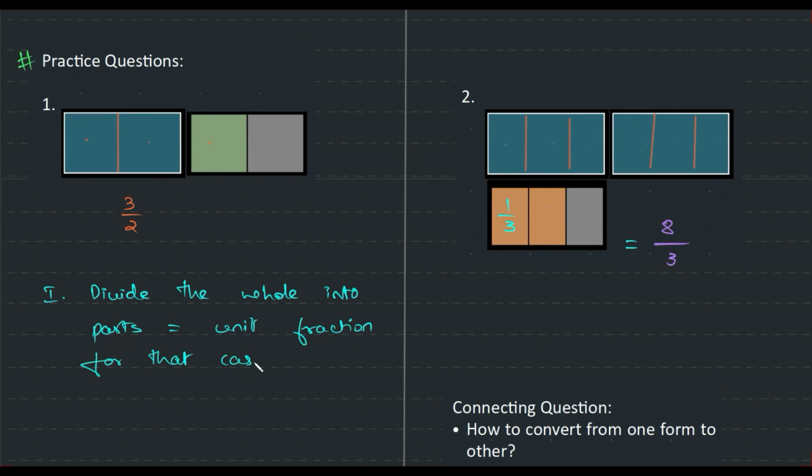So that's what we are looking at. We have 1 by 2, 1 by 2 and 1 by 2. There are 3 of them, so 3 by 2. Right here, 1 by 3, 1 by 3, there are 8 of them, so this is 8 by 3, and so on and so forth.